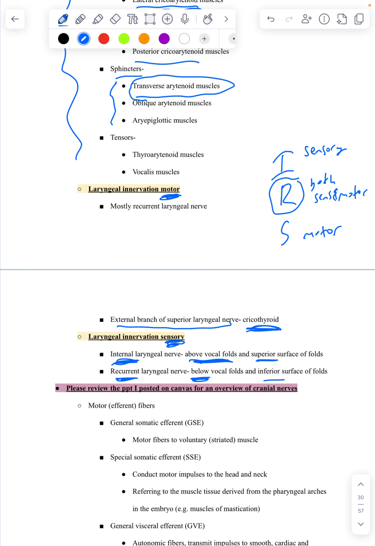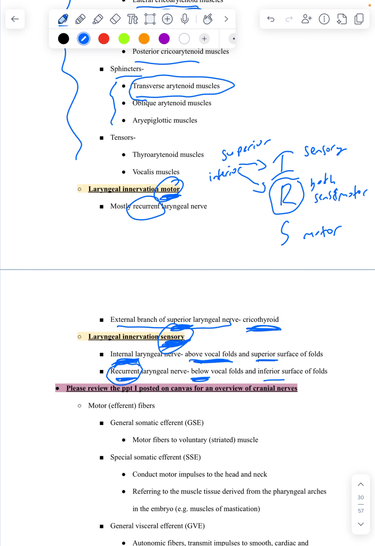So internal laryngeal is just sensory, superior laryngeal is just motor, but recurrent laryngeal is going to do both sensory and motor. So that's why it's in the middle. It does both. Now, this is also nice because your I is above your R, so the I is superior and your R is inferior.